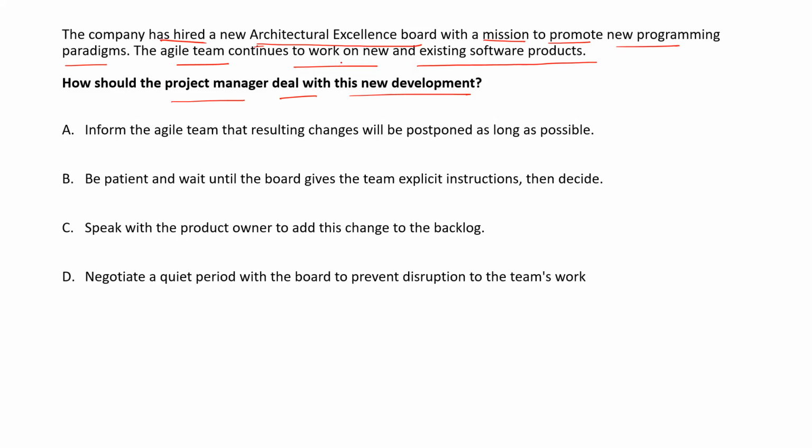The problem is the team continues to work on new and existing software, so the team is working on two sides, and things are coming from the board. In that case, what could be the right answer?